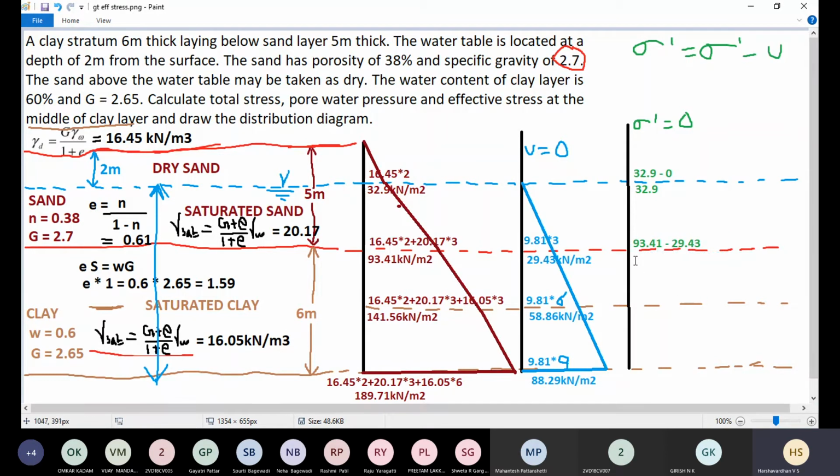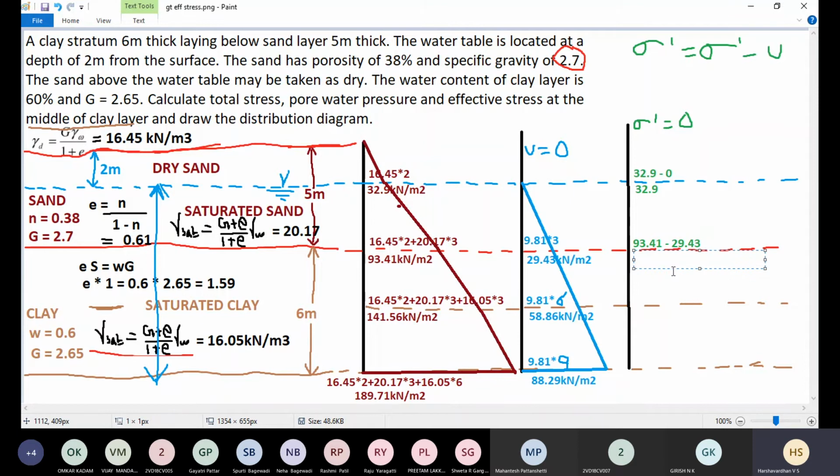So effective stress will be 93.41 minus 29.43, which is equal to 62.98 kilonewton per meter square.